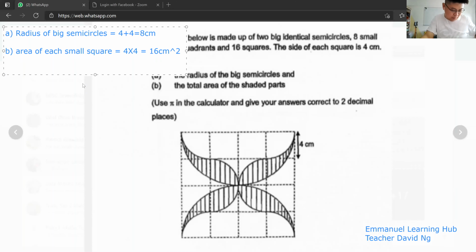Then after that, area of large quadrants. This is a large semicircle, but I'm interested in the large quadrant. Large quadrant refers to this one.